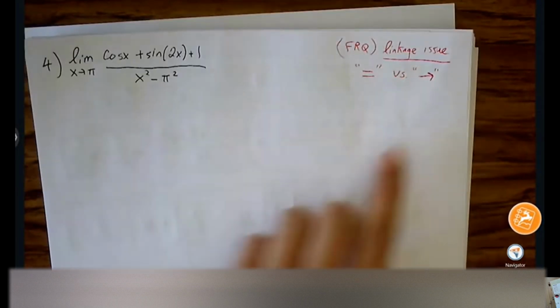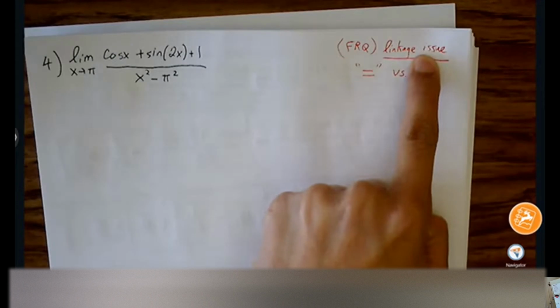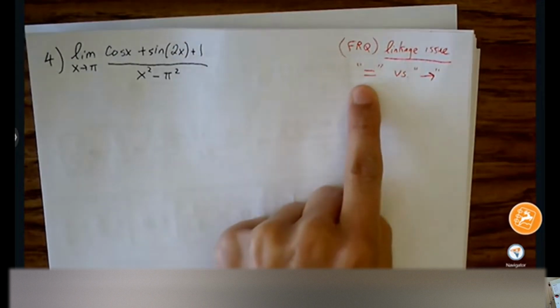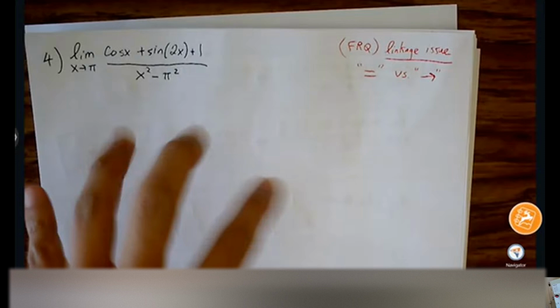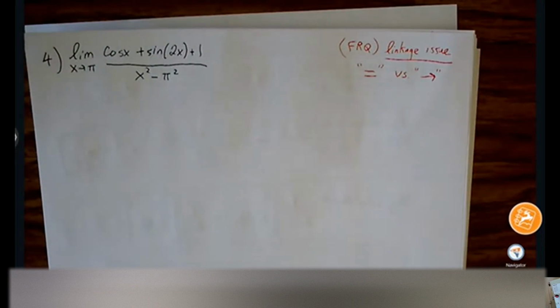So the issue is this thing called the linkage issue. Okay, and it has to do with the equal sign. When you're going through a problem and I ask you to show work, a lot of times the equal sign just means that you're going from one step to the next, right? You're not using it literally.